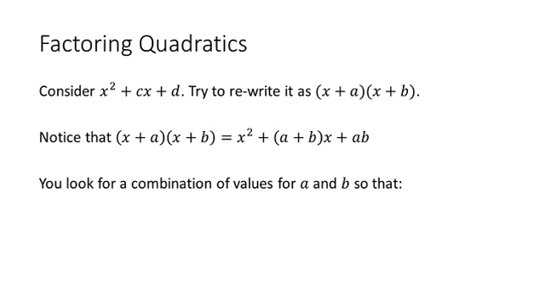So what you end up trying to do is find any combination of values of a and b such that a plus b is equal to your coefficient c and a times b is equal to your constant term d. So we'll do just one quick example of that.